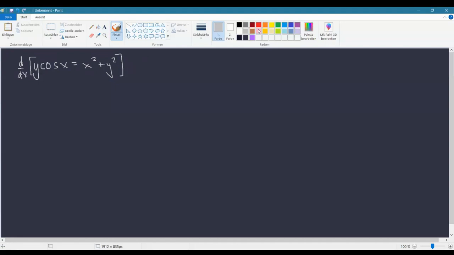Okay, so the first thing that we're going to do is start differentiating both sides of the equation. So we're going to take d/dx of y times cosine x, and that's important because that means there's going to be a product rule here. We're going to differentiate x squared with respect to x, and we're going to differentiate y squared with respect to x.